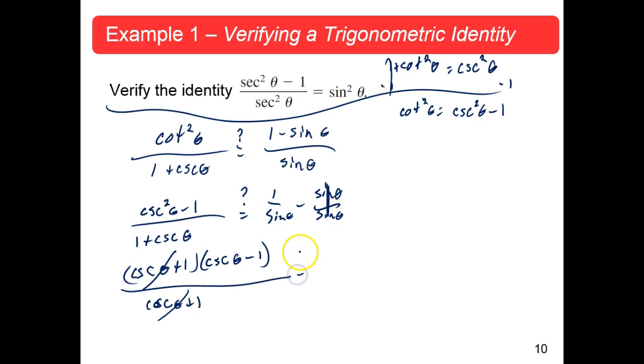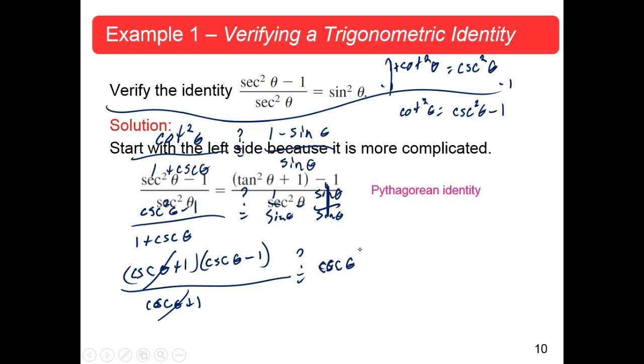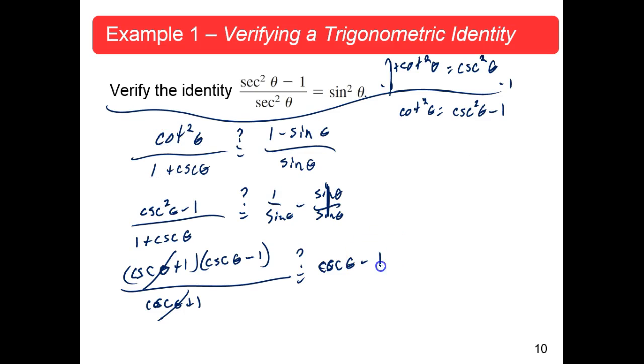Now, let's go back to the right-hand side. What's 1 over sine theta? Cosecant theta. And then we said the other was minus 1.